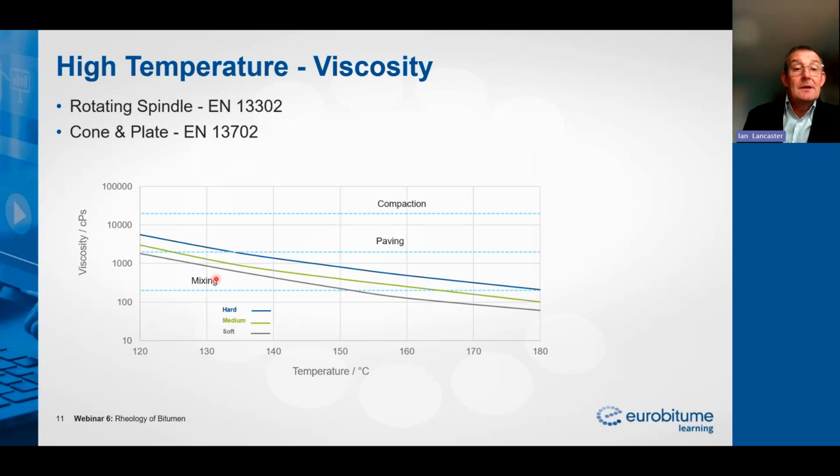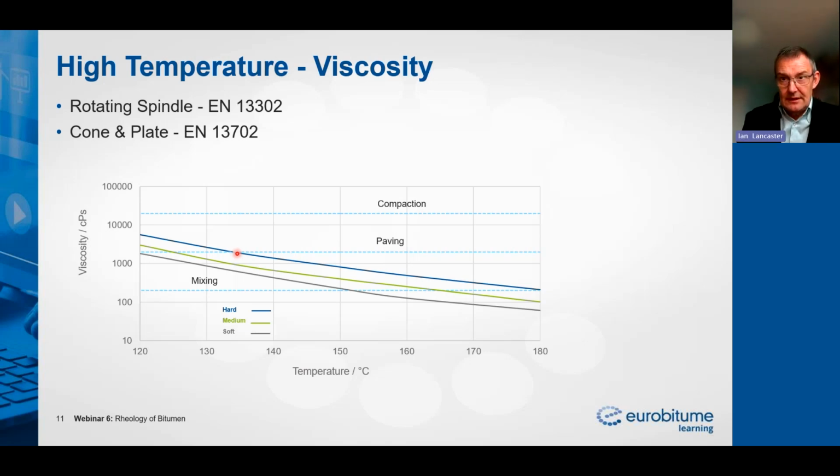The same applies to paving. With our soft bitumen, we hit the right paving viscosity, which is 2000 centipoise or 2 Pascal seconds at 120. Our hard paving bitumen has the same viscosity at a higher temperature, about 135.